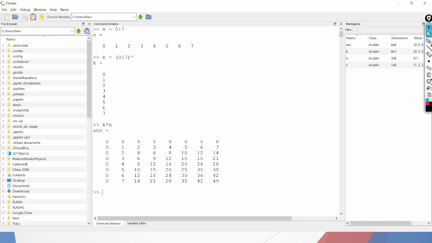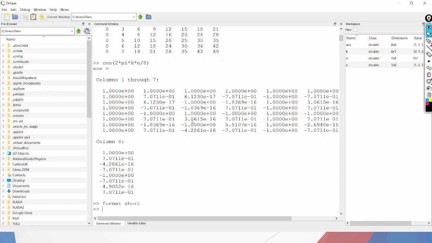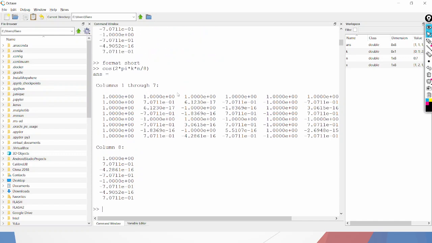Okay, anyway, I didn't specifically want this table of multiplication products, but rather a cosine of 2 pi Kn over 8. Now, here you have the same numbers. Let me just make them format short. I do need some number, format short G, probably.